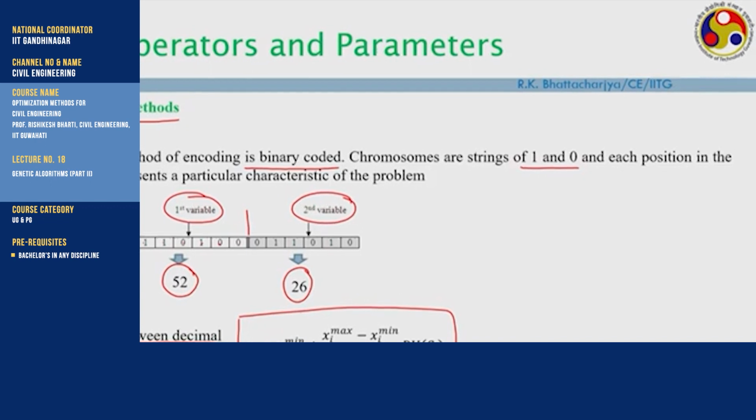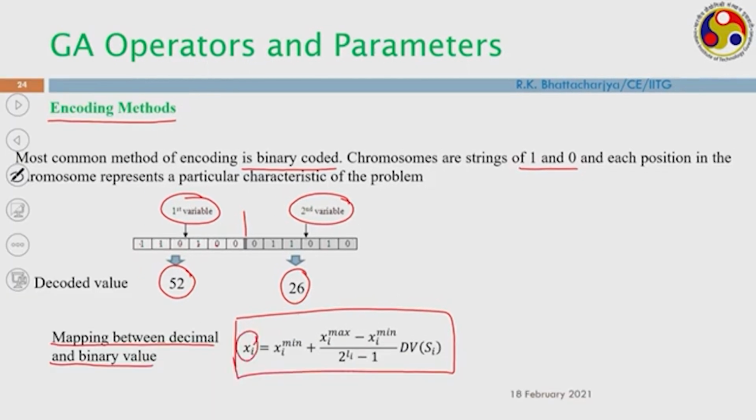What is this? x_i is equal to x_i min plus (x_i max minus x_i min) divided by 2 to the power L minus 1, into the decoded value, and this portion is known as precision. Depending upon the length of the string, if you increase the length of the string, then your precision will increase.